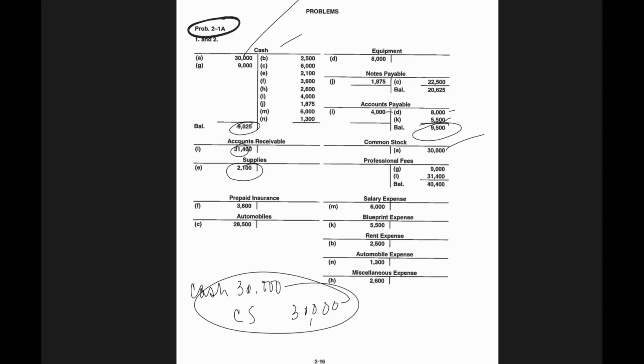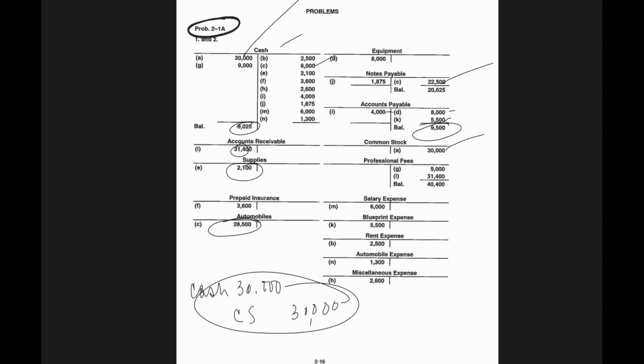B, paid rent, so debit rent expense and credit cash. Purchased an automobile, $28,500, paying $6,000 down and giving a note for the remainder. So we put the entire cost of the automobile there, $28,500. However, $6,000 was paid with cash, and then the rest of it was in a note, which is just like an accounts payable.